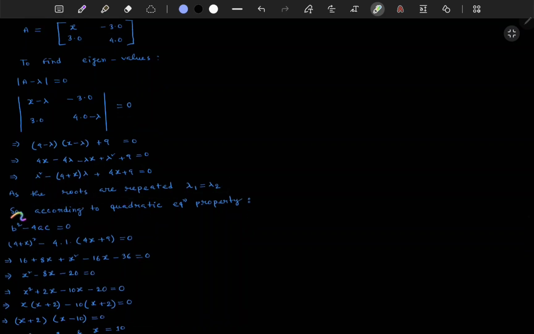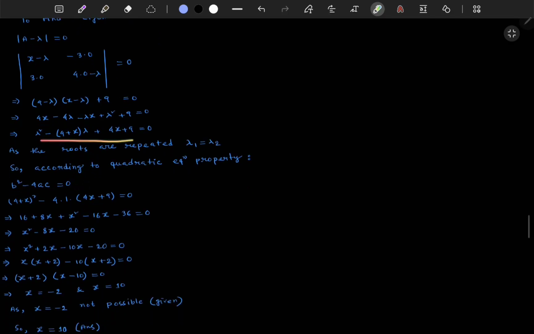roots are repeated, as already told in the question, so we can directly write b square minus 4ac equal to 0. So if we compare, this is c, this is b, and this one is a.